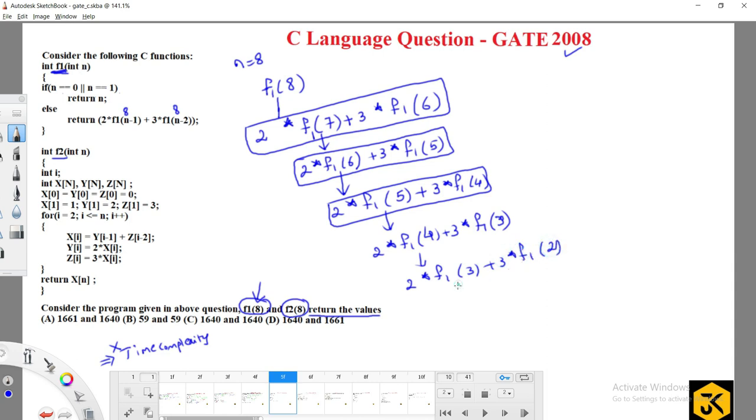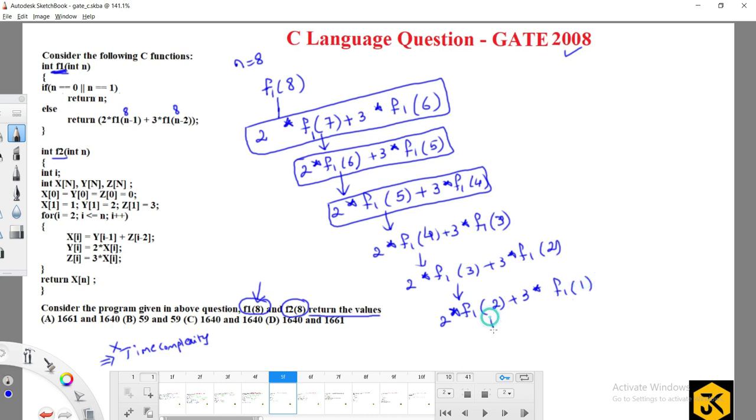In order to compute f1 of 3: is 3 double equal to 0? No. 3 double equal to 1? No. So I call 2 into f1 of 3 minus 1, that is 2, plus 3 into f1 of 3 minus 2, that is 1.